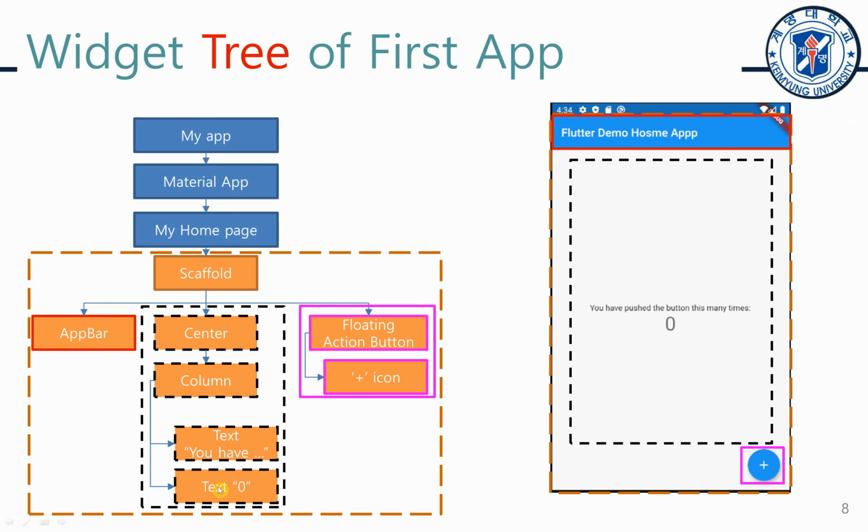The first text is going to be 'You have pushed the button this many times', and the second part of the text is going to be 0, but it is going to be updated every time we press this button. The user interface is saying this.